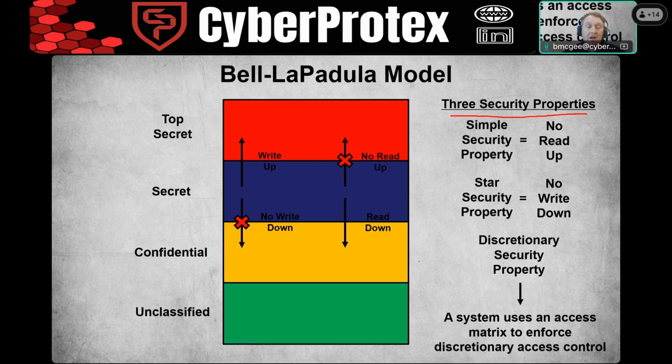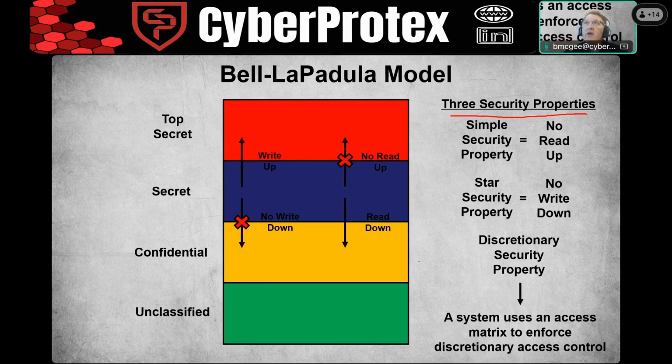So users cannot read data that's at a higher security level. Remember, confidentiality, right? So if something's top secret and you only have unclassified access, you're not going to have access to classified.